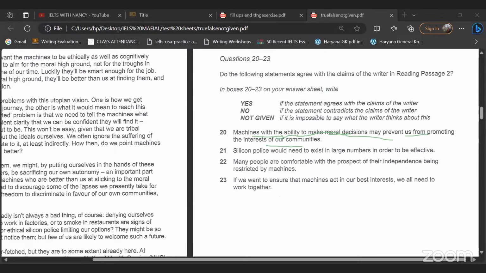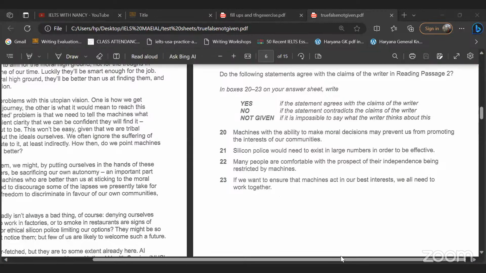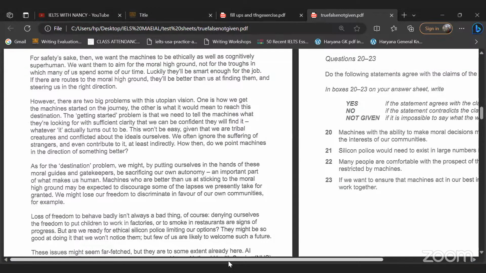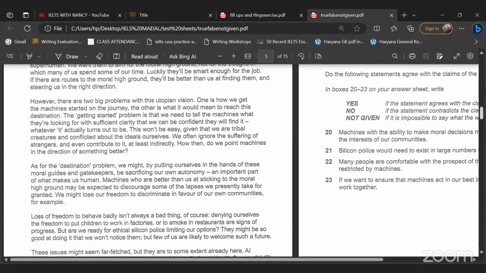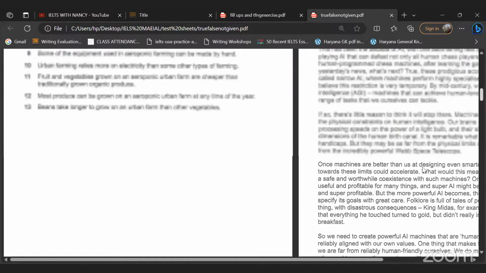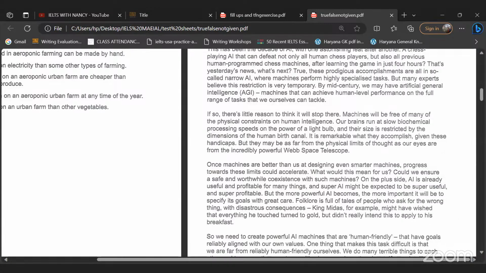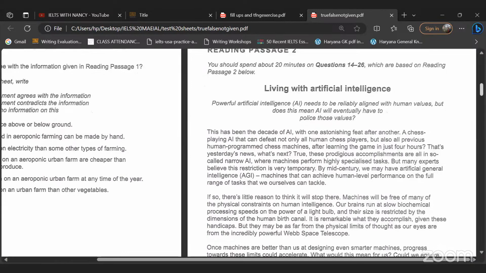So you have to find out the keyword: machine, decision, community, and interest. Machine, interest, moral decisions. Anywhere is being given about moral decisions, machine, moral decisions.